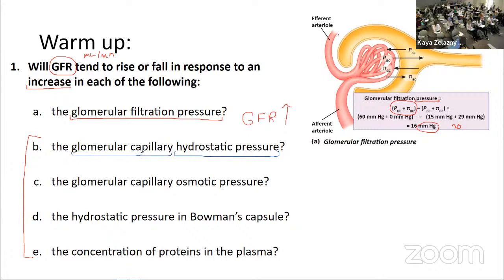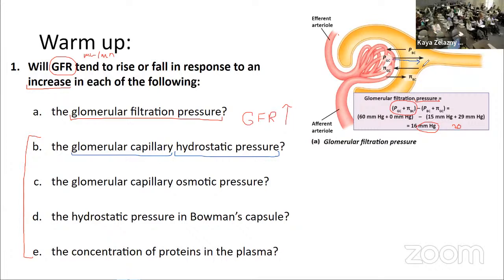Hydro, that indication of water in the word, should remind you that's the pressure of the fluid pushing on walls of the container. So if you see hydrostatic pressure, you then look for what container we are thinking about. So we're talking about the glomerular capillary's hydrostatic pressure, fluid in the glomerular capillary pushing out on those walls.